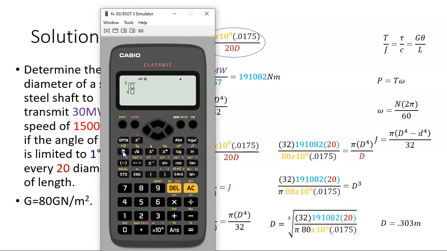So it is 32 times 191,082 multiplied by 20, and we have pi and 80 giga, 0.0175, and that's 0.303 meters.